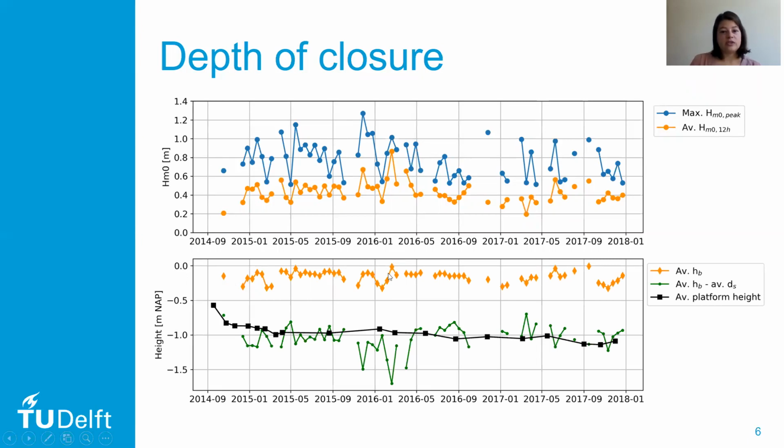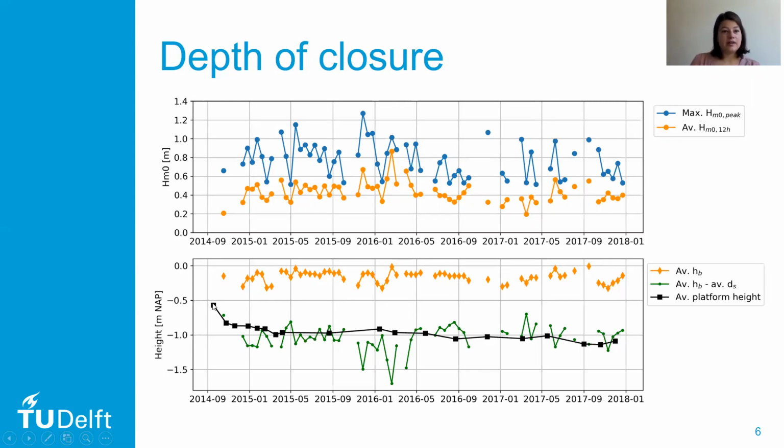Here in orange you see the 12-hour exceeded water levels that we used, and then we subtracted the depth of closure from that, and then we get to this green line, which is the predicted depth of closure. Well, we combine that to the black line, which is the actual platform elevation.